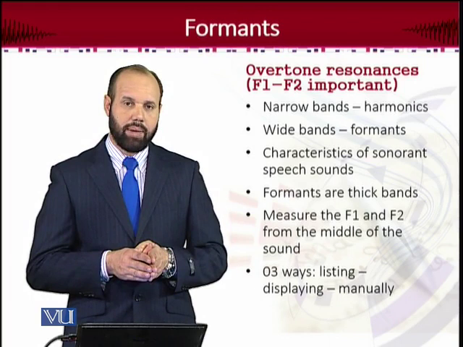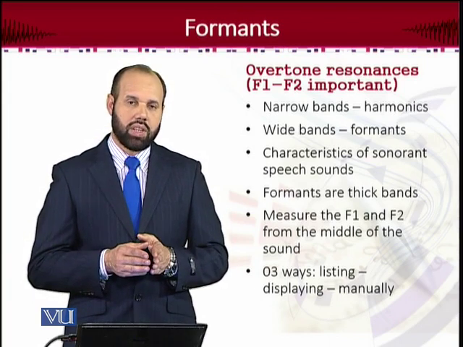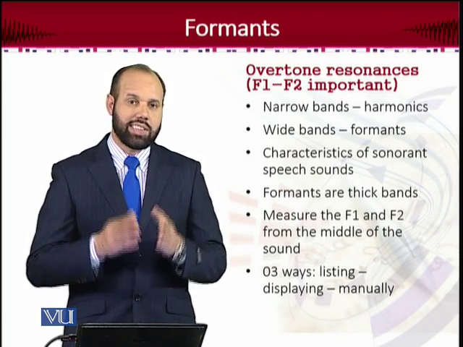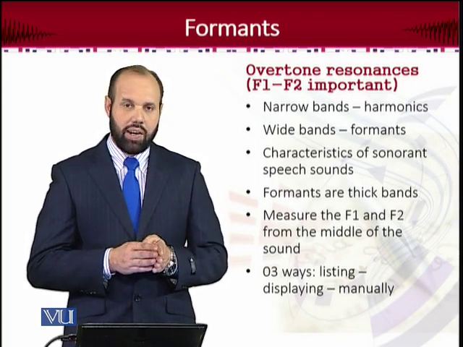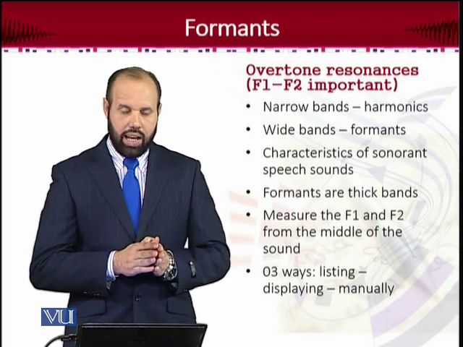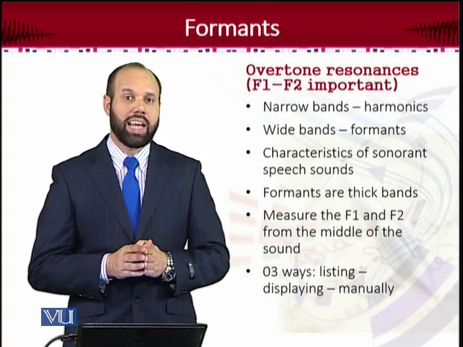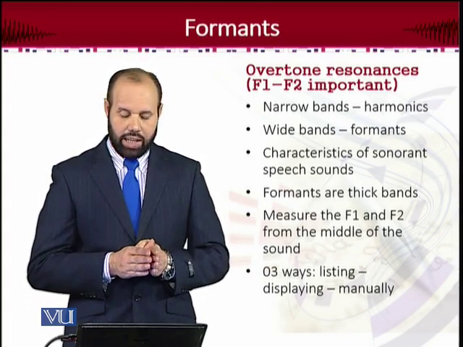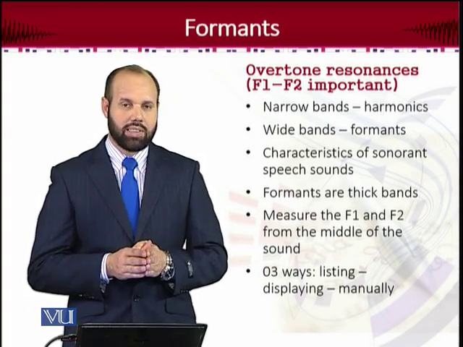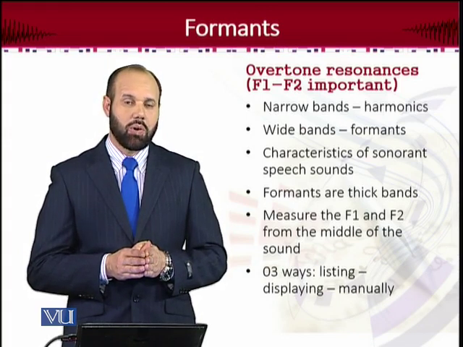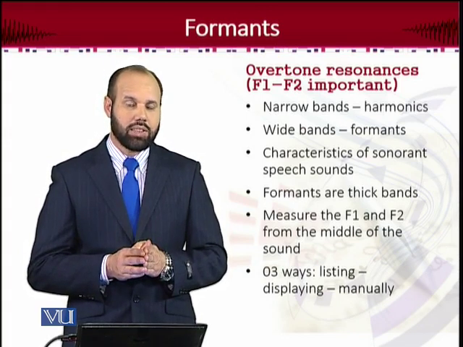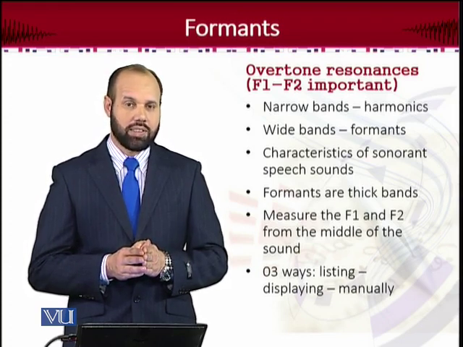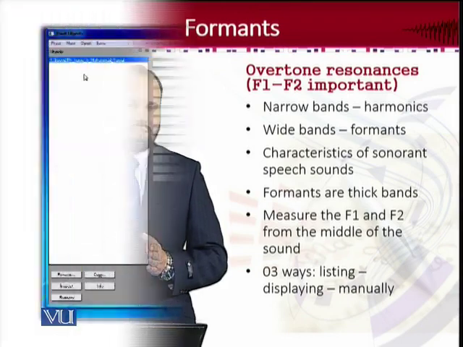Then the second method is when you activate the formant button and see the tracks, those red band tracks, and the formants are displayed by Praat. And there is one more possibility, and that is when you calculate formants manually. So we are going to go through Praat, do the experiment, and learn how to measure formants by using these 3 ways.